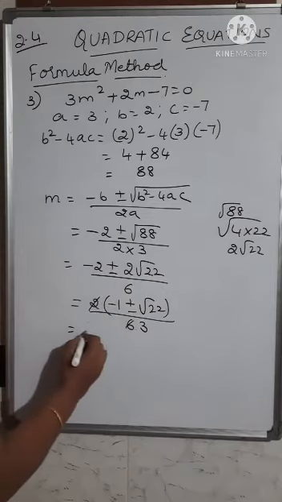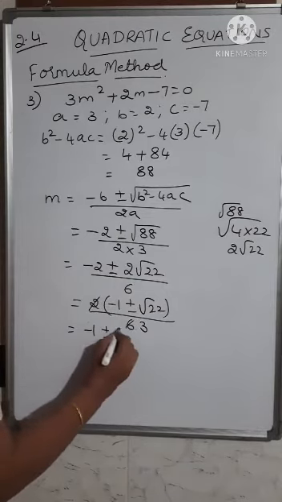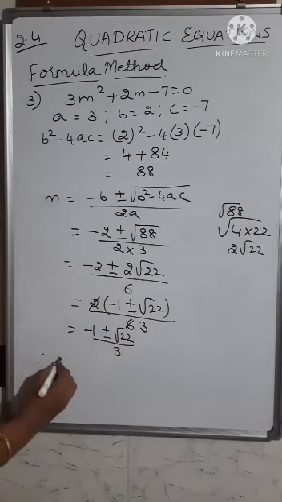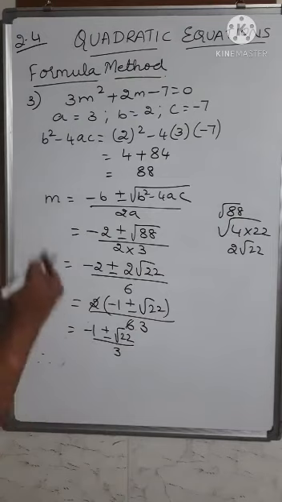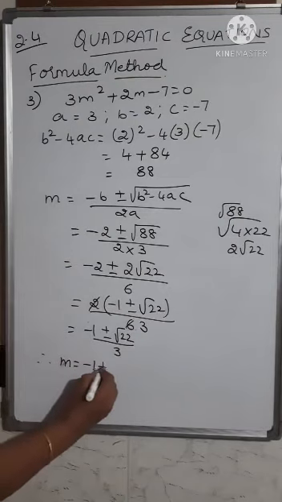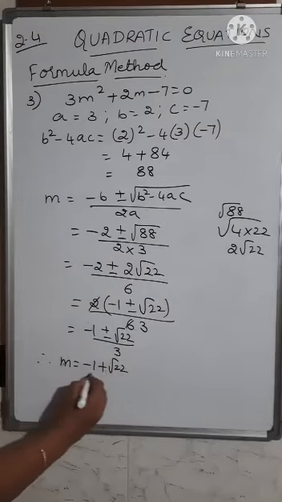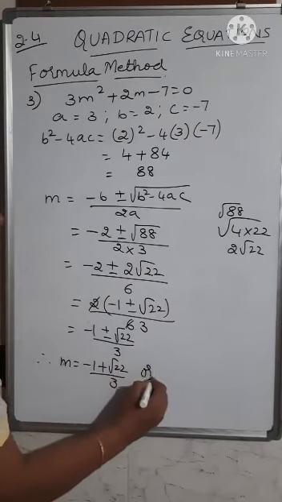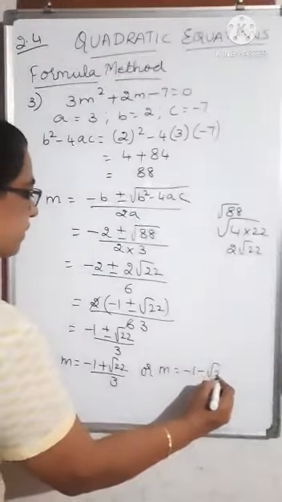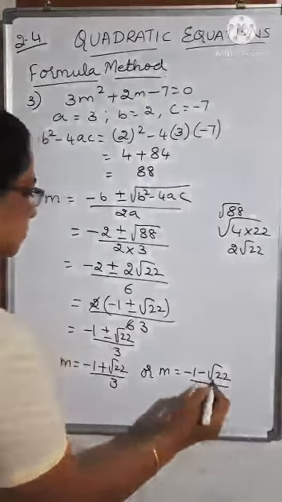So you get minus 1 plus or minus root 22 upon 3. So therefore, not x, here the variable is m. So m is equal to minus 1 plus root 22 upon 3, or m is equal to minus 1 minus root 22 upon 3. So this is how you have to do it.